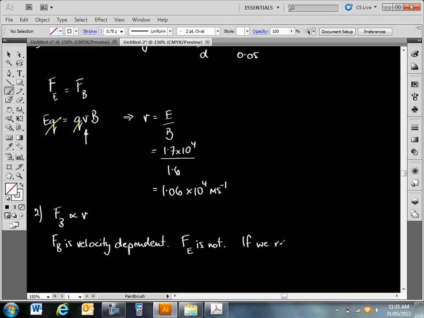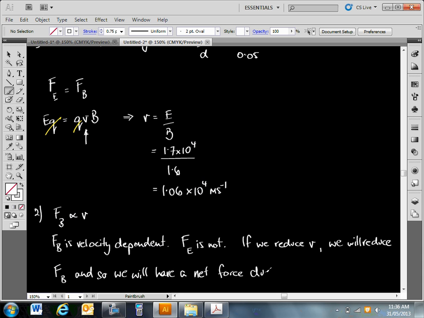If we reduce V, we will reduce F sub B, and so we will have a net force due to the electric field.